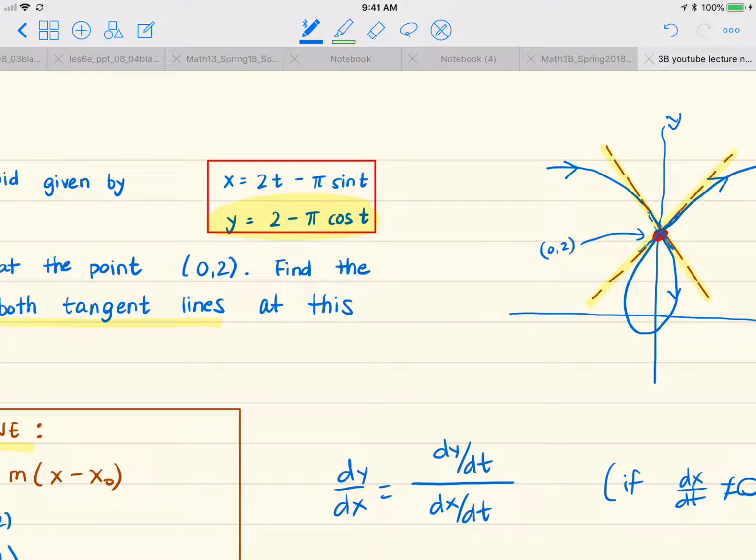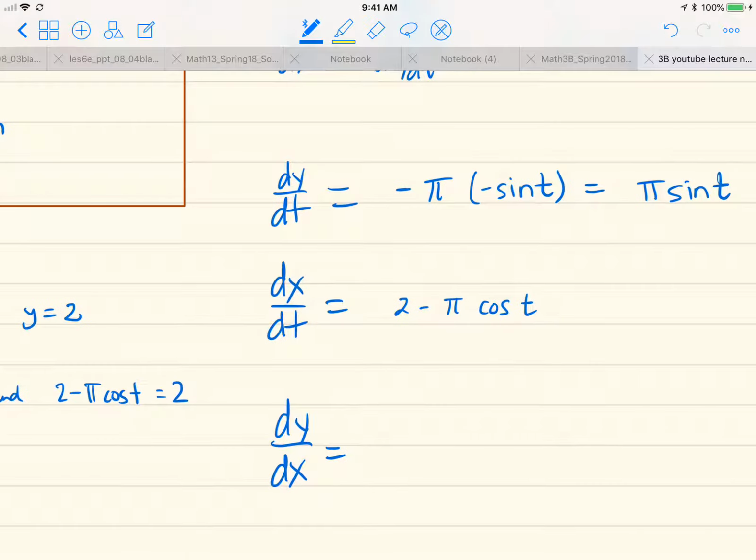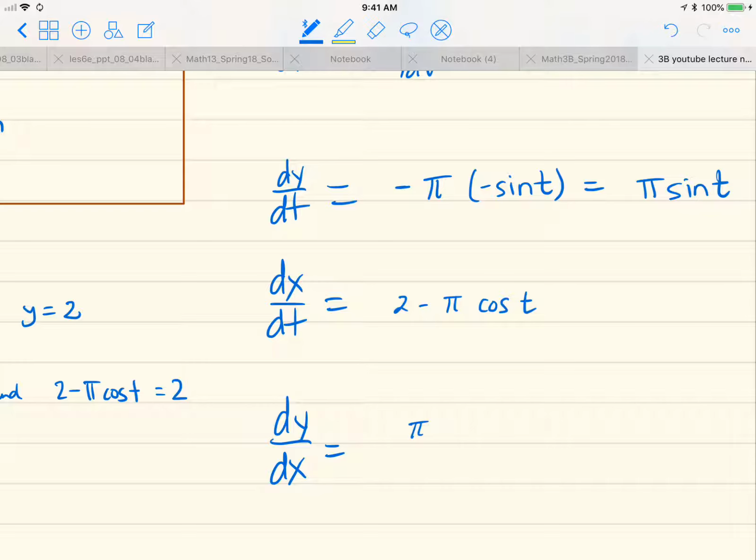Now, what about dx/dt? For dx/dt, we should have 2 minus pi cosine t. And now putting it all together, we'll have pi sine t divided by 2 minus pi cosine t.